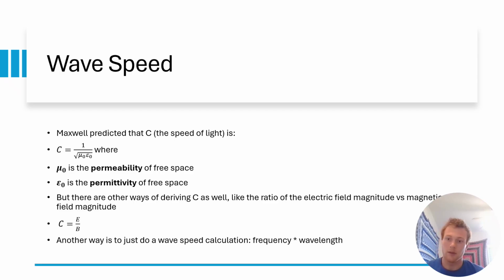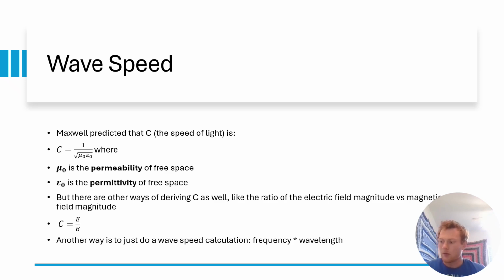Intensity is 1/2 times the speed of light times the permittivity of free space times our electric field squared. Rearranging, E naught equals the square root of 2 times intensity over the speed of light times the permittivity. To find B naught, it's just related by c and E naught. Then to find the force, it's pressure times area.